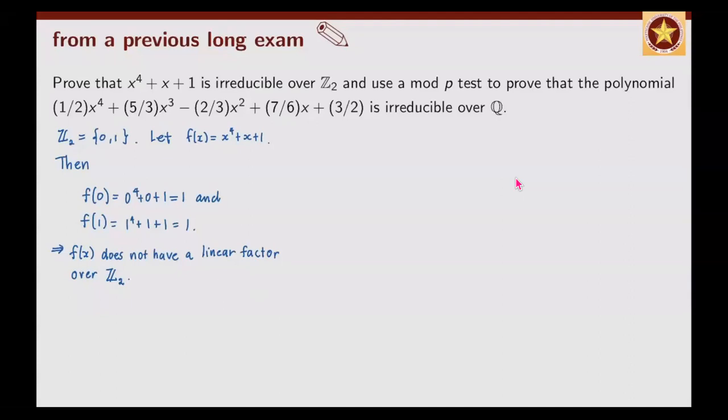So, in order to show that f of x is irreducible, we further need to show that f of x can't have an irreducible quadratic factor.